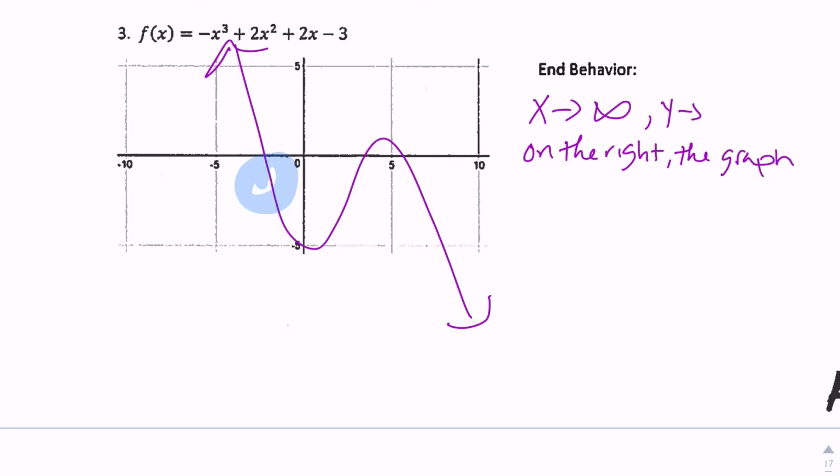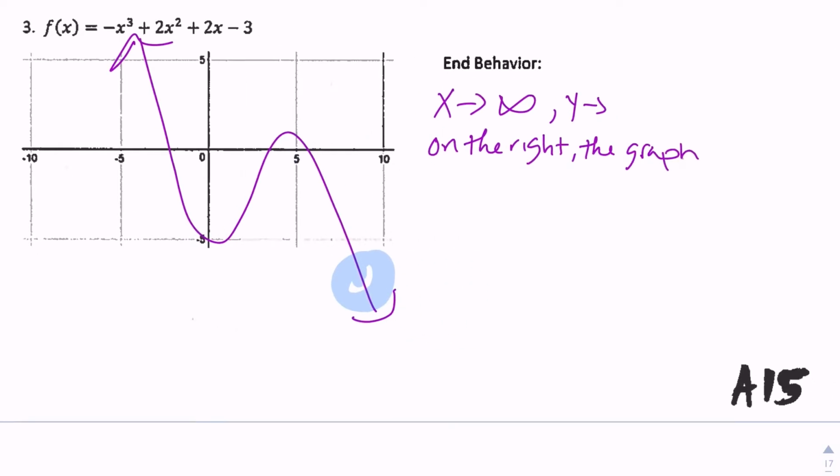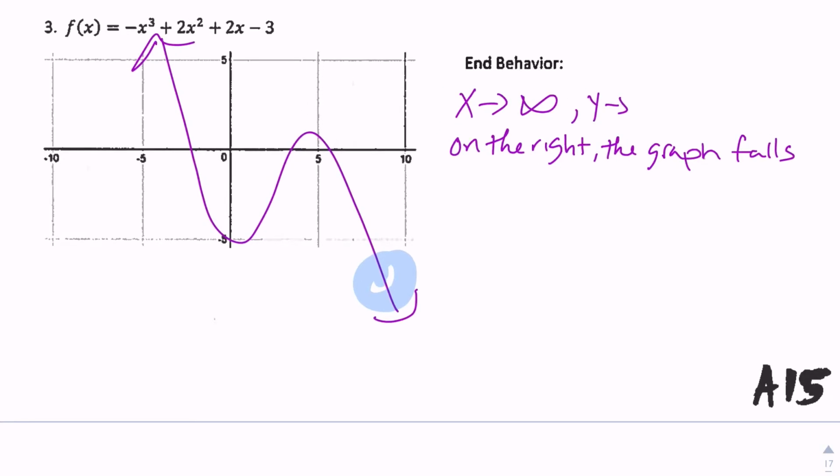So we have to figure out what's going on the right. As I go to the far right side of the graph, we're falling. This time the graph falls. For our notation, we would say negative infinity.